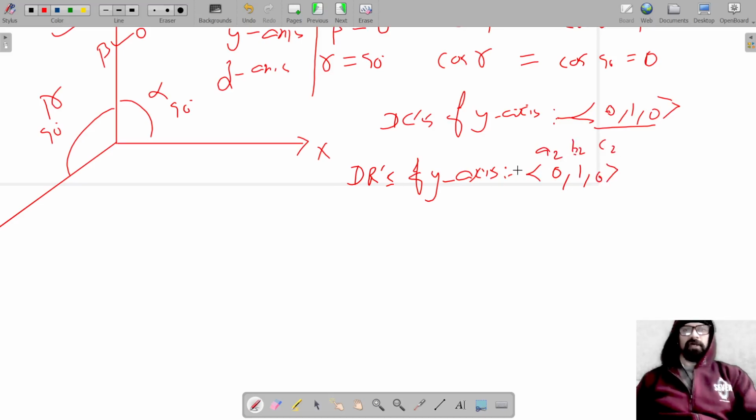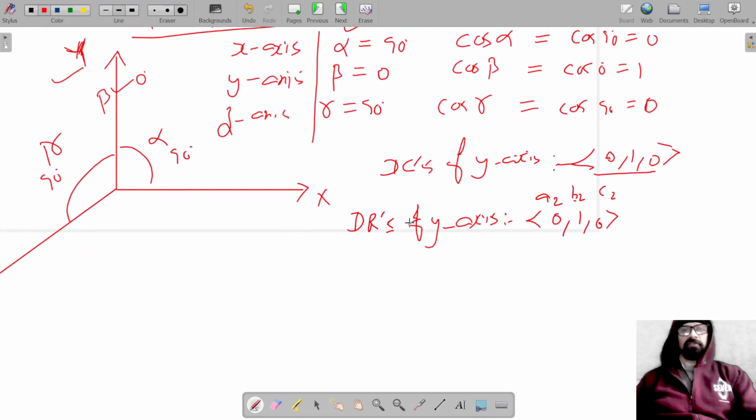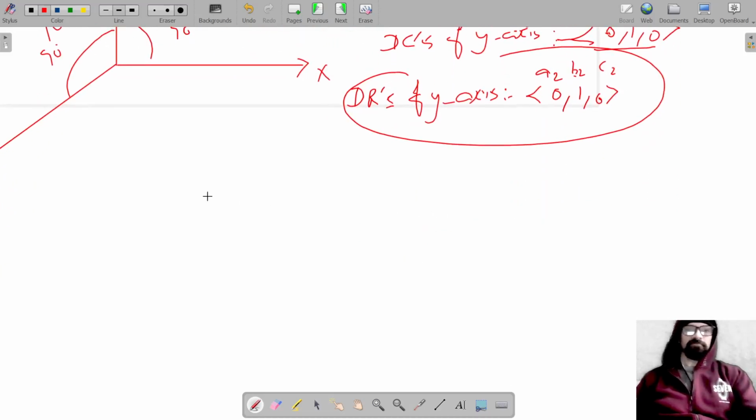So now we have two lines. For the first line, the given line, we have the direction ratios a1, b1, and c1, and the direction ratios of y-axis are a2, b2, and c2.